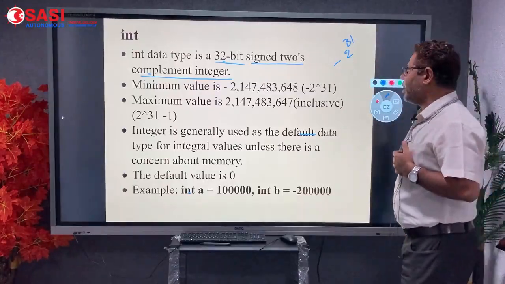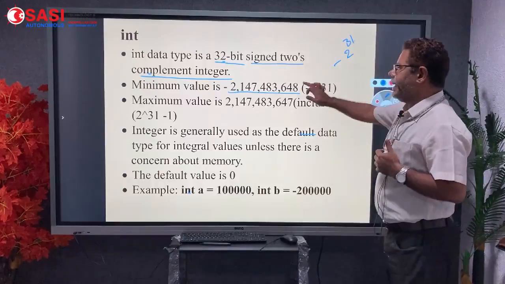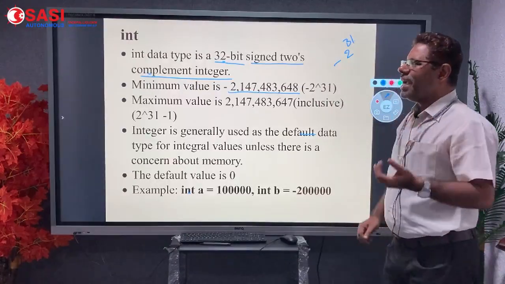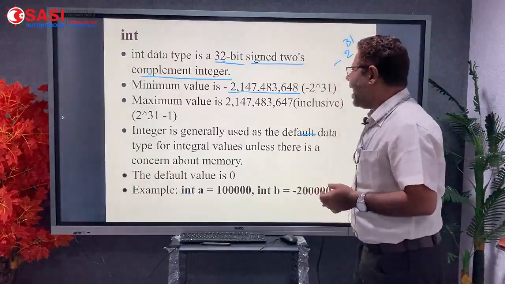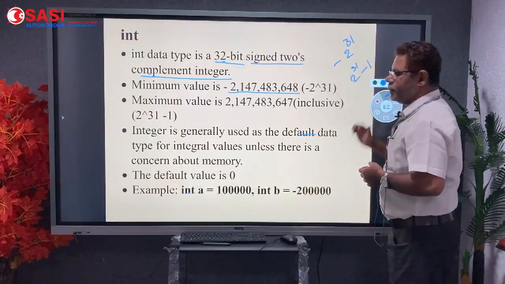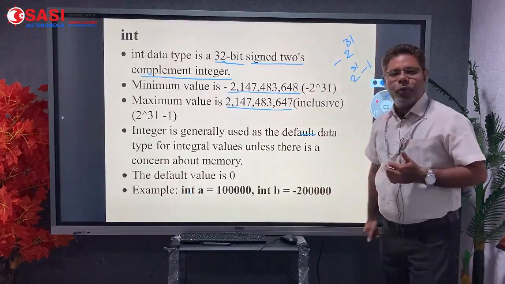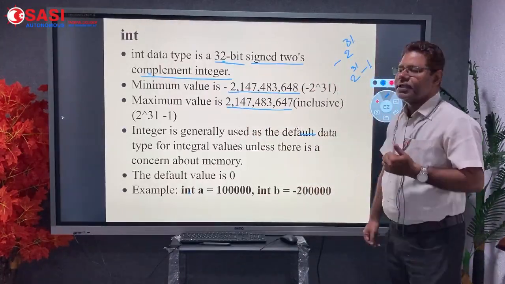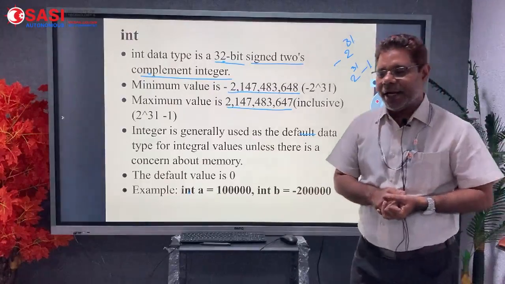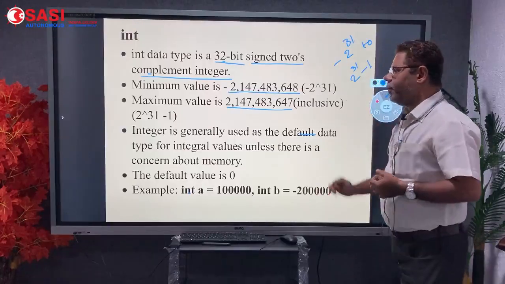Next, what is the maximum range of the int? The maximum value of the int is 2 power 31 minus 1. So the range of the int data type is minus 2 power 31 to 2 power 31 minus 1.